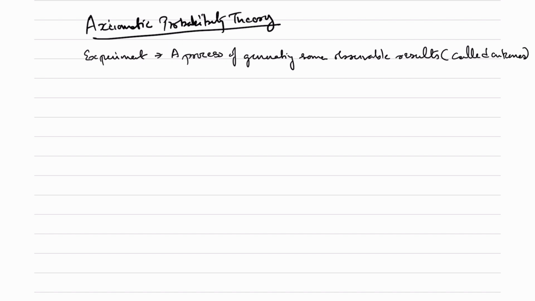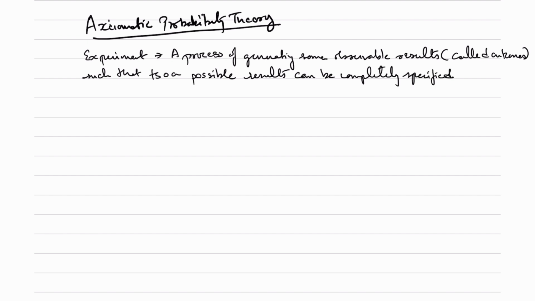It's a process of generating some observable results, called the outcomes, such that the total observable outcomes, the possible results, can be completely specified before conducting it, okay?